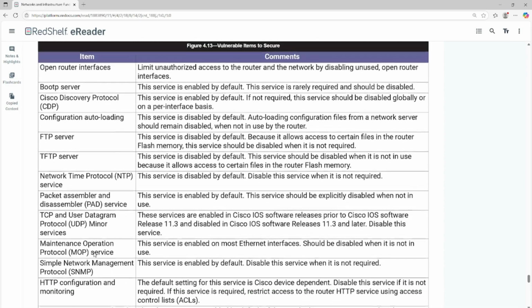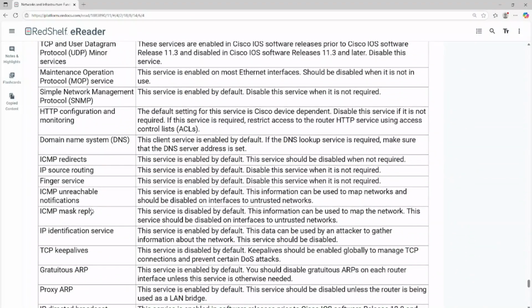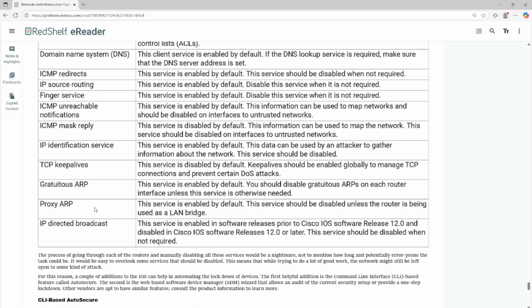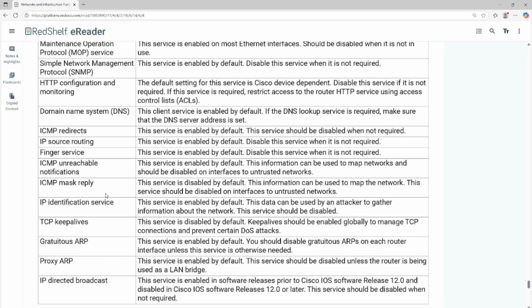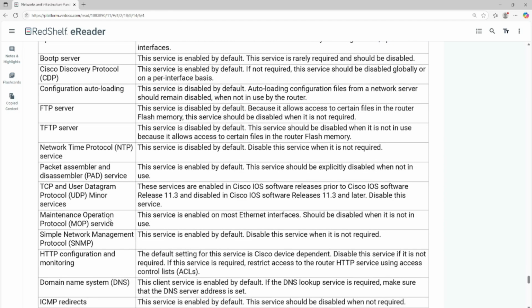So keep in mind those processes or systems that by default are enabled, and some too by default are disabled. But the bottom line is the default state of that device, whether it's enabled or disabled, puts the network system at risk.